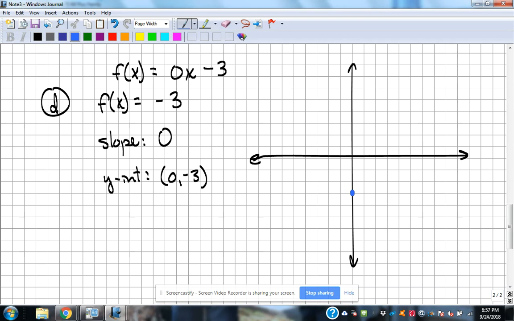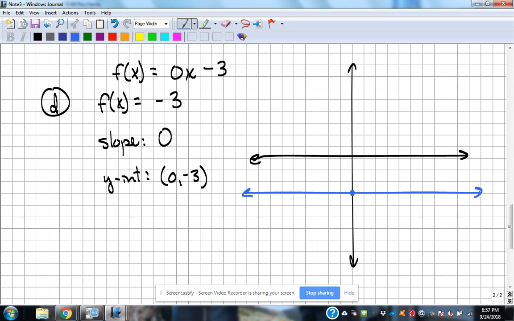Instead of doing all that, my granddaddy used to say malarkey about up 0 over 1. Just memorize: if it's f of x or y equals a number, it's going to be a horizontal line at that number on the y-axis.